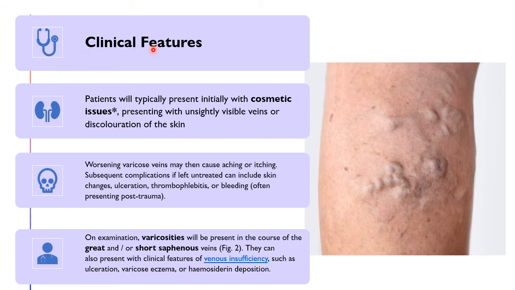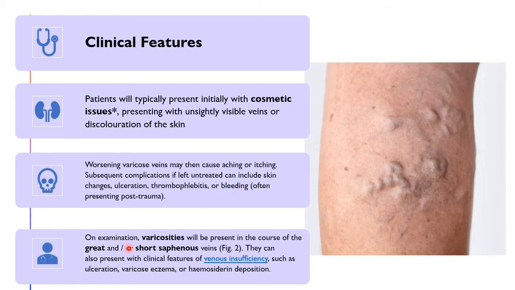The clinical features of varicose veins. Varicose veins patients will typically present initially with cosmetic issues like dilated and unsightly veins visible in the legs, or discoloration of the skin. Worsening varicose veins may then cause aching or itching over the area, and subsequent complications, if left untreated, can include skin changes, skin ulceration, thrombophlebitis, or bleeding, often presenting post-trauma.